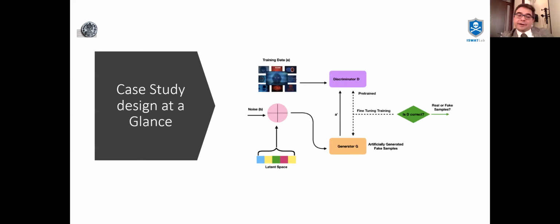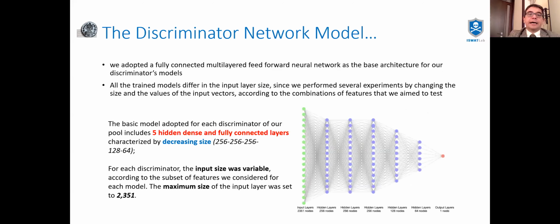This is the architecture of our case study. As a discriminator network model, we adopted a fully connected multi-layered feed-forward neural network as the base architecture. All the training models differ in input layer size. The basic model adopted for each discriminator of our pool includes 5 hidden, dense, and fully connected layers characterized by decreasing size.